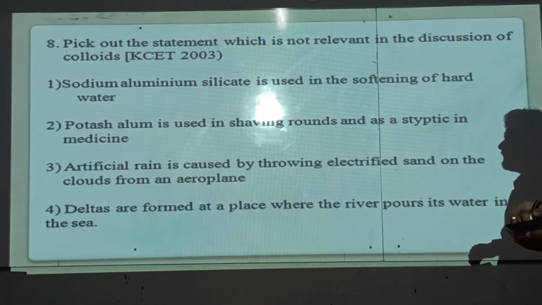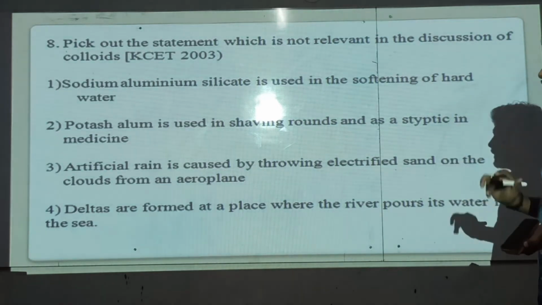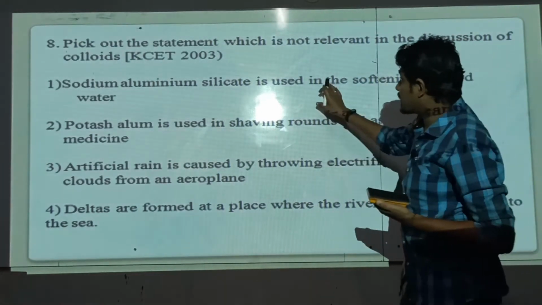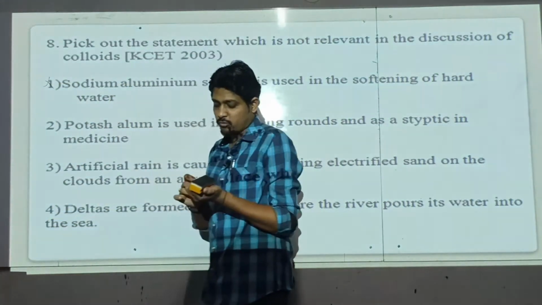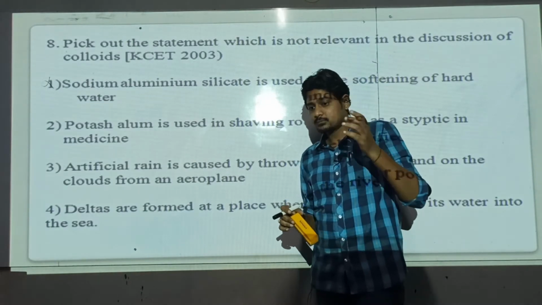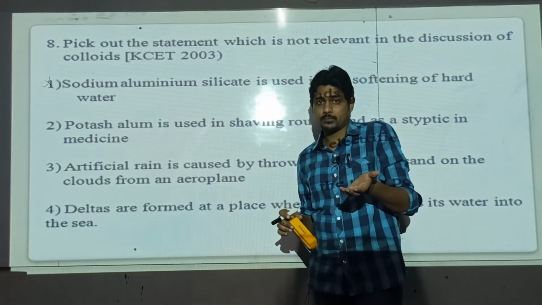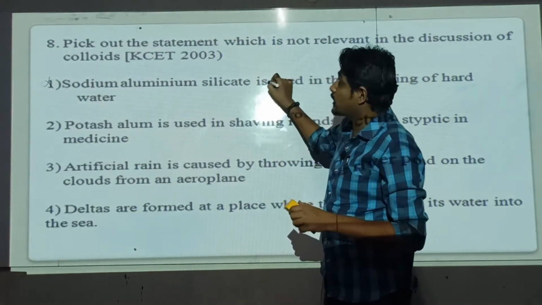Third one, artificial rain is caused by throwing electrified sand on the clouds from an aeroplane. Let me explain one by one. Now see, this one is not relevant only because colloids are not used in softening of water. Actually, colloids are used for the precipitation or cleaning of water, not the softening of water. So this is not relevant.